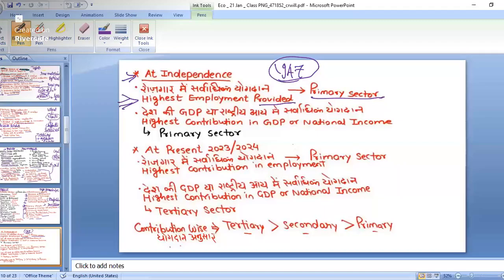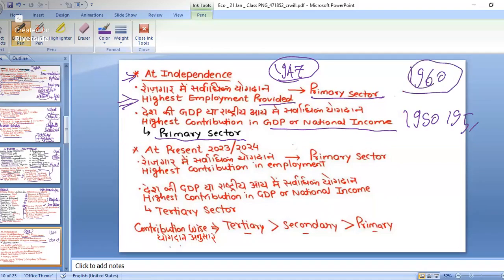Then also the highest contribution in GDP or national income was from the primary sector, around 1950 or 1951. Then also we had the Green Revolution in the 1960s. At that time the highest contribution in GDP was from agricultural activities. Okay, so it was from the primary sector, not only agriculture, it was from the primary sector.